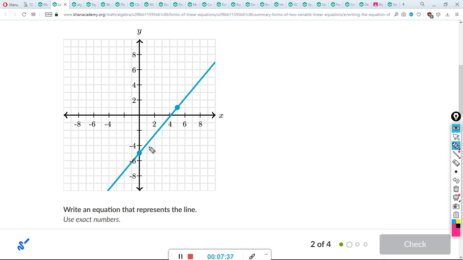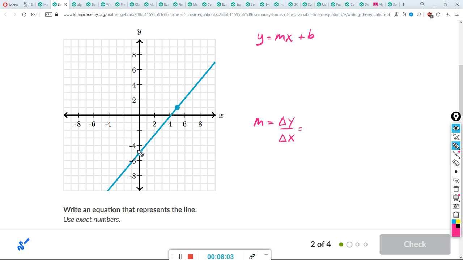Alright, so in this problem here, they give you the y-intercept that's right here. So I'm going to use y equals mx plus b. M is going to be change in y over change in x.